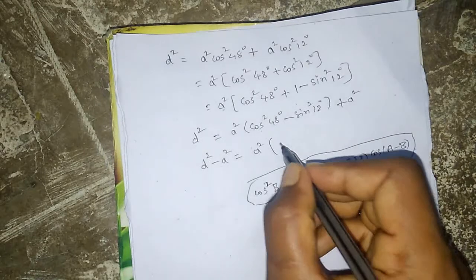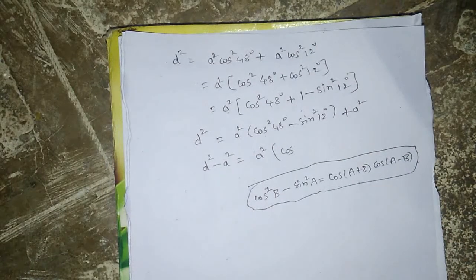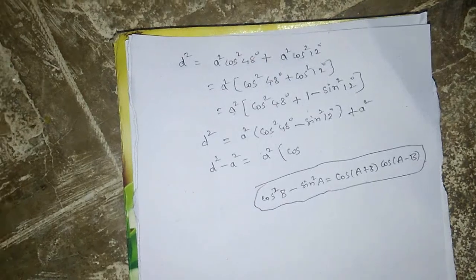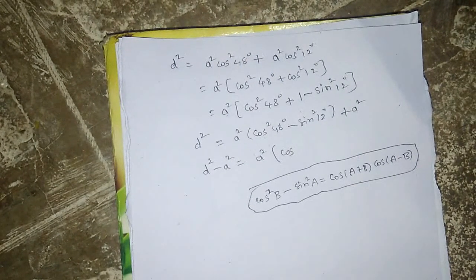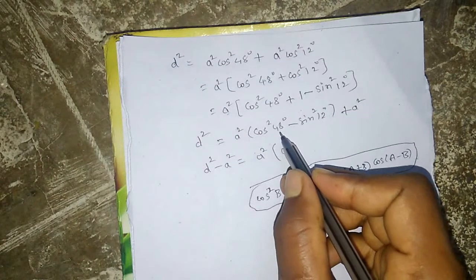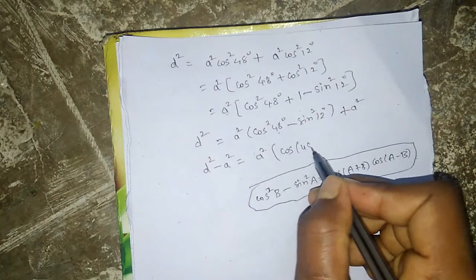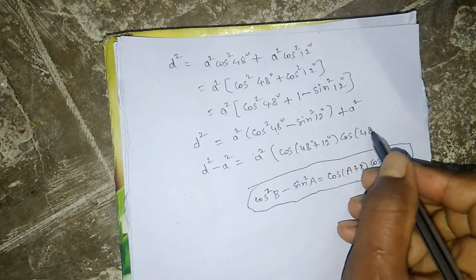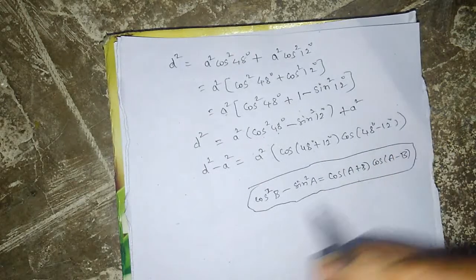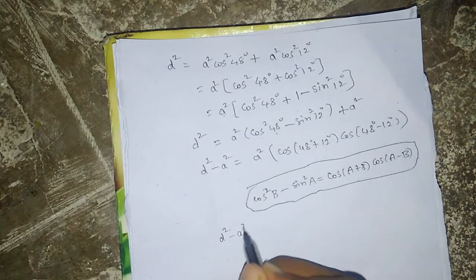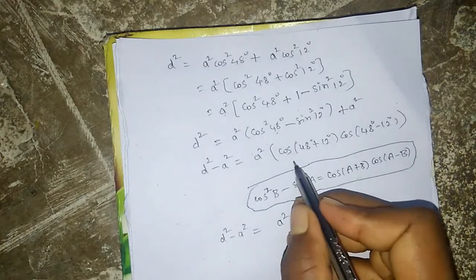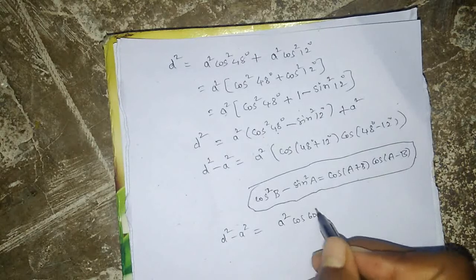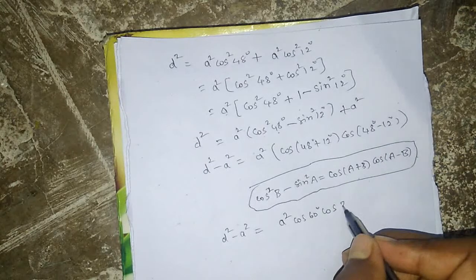So applying that formula, d square minus a square is equal to a square into cos 60 degrees into cos 36 degrees.